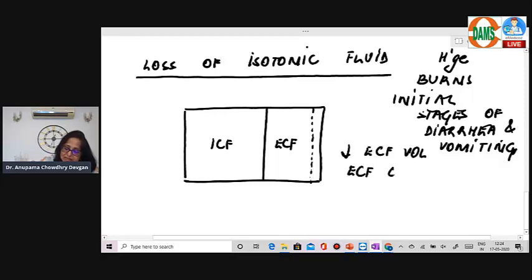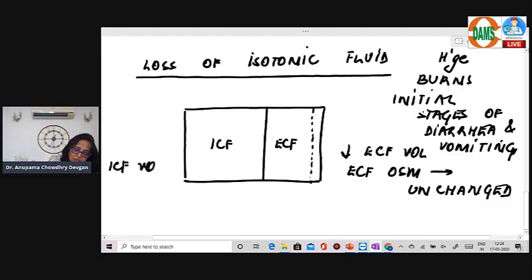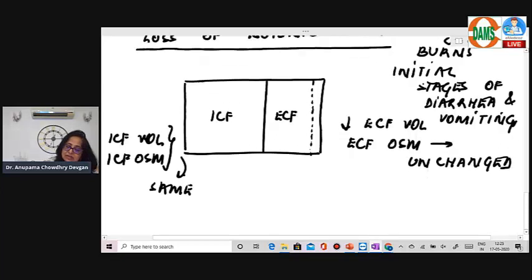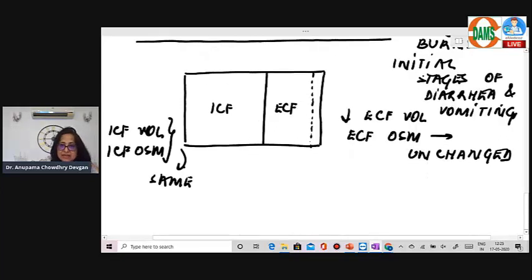ECF osmolality is unchanged because it is loss of isotonic fluids. ICF volume and osmolality will both remain the same. This is decrease in ECF volume, ECF osmolality is unchanged, ICF volume and osmolality remains the same, right?